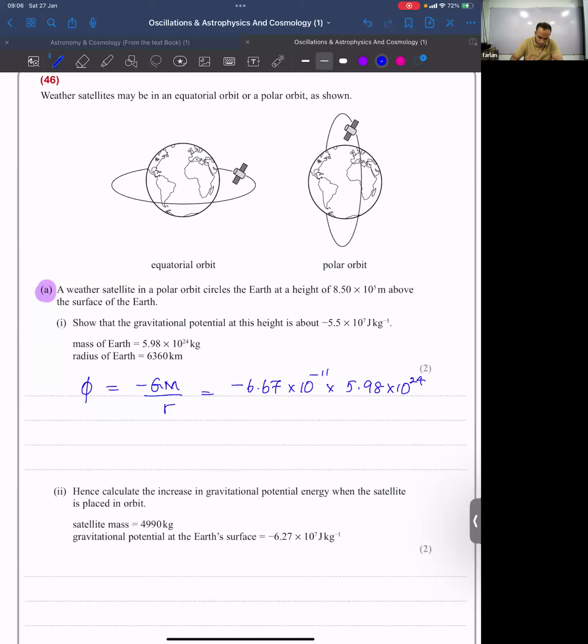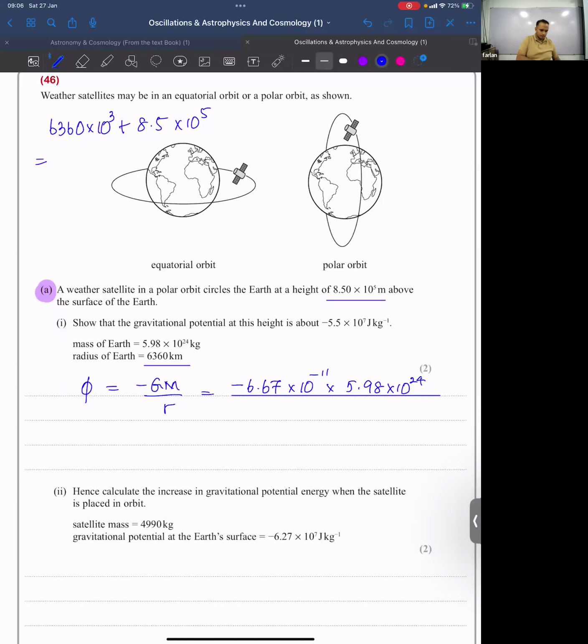And the distance is going to be, the radius of the Earth is 6,360 kilometers, and they are talking about a height of 8.5 into 10 to the power 5 meters above the surface of the Earth. So from the center of the Earth to this orbit is going to be 6,360 into 10 to the power 3 in meters, the radius, plus the height above the surface, 8.5 into 10 to the power 5.